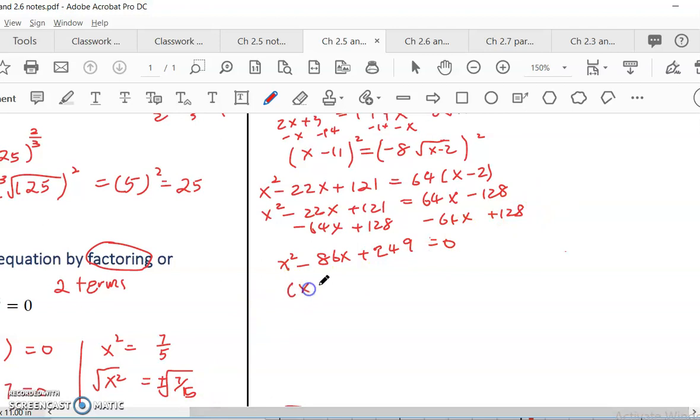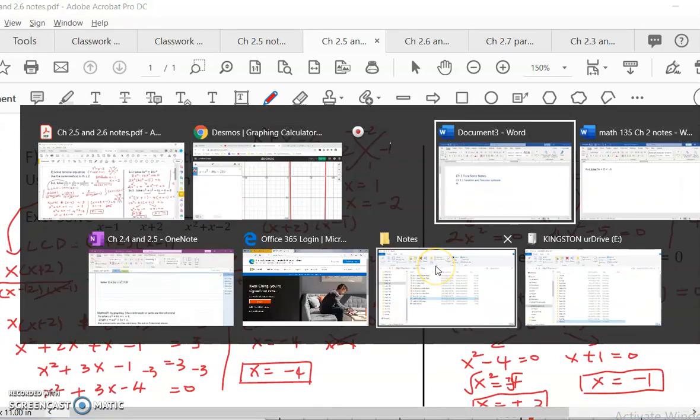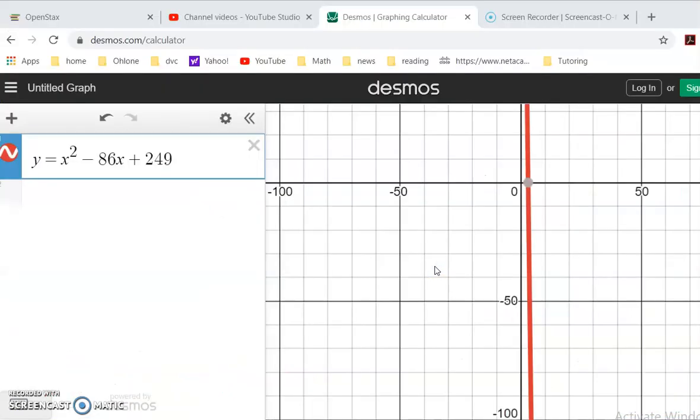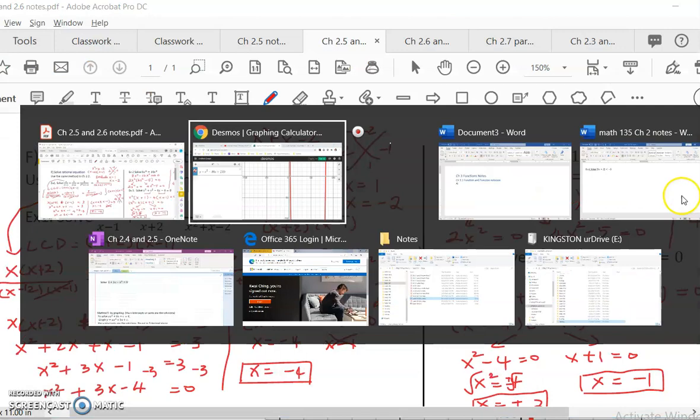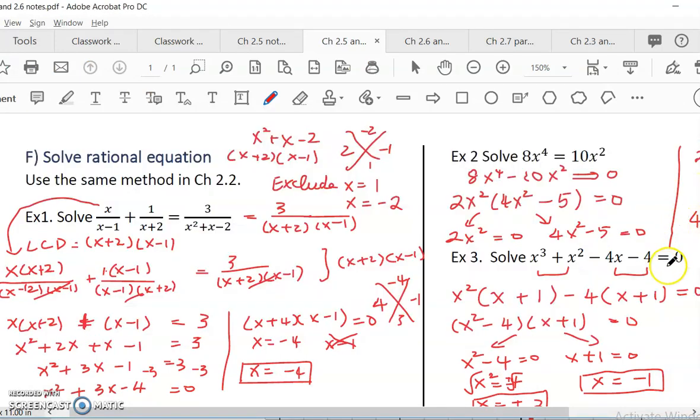So we would say x minus 3, no, it would say negative, right? X is 3, so it's negative 3, and x equal to 83. So both are positive. Where is it? Is this one? No, it's not this one.